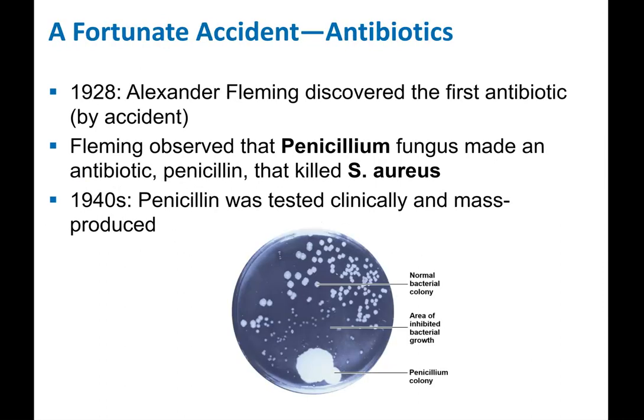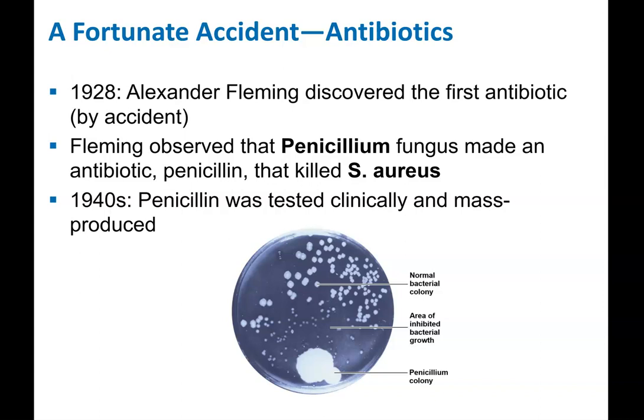And then soon after, penicillin was discovered and introduced in the 1920s through 30s, but it took a little longer to get it through clinical trials and get mass produced, and it was finally released in the 1940s.